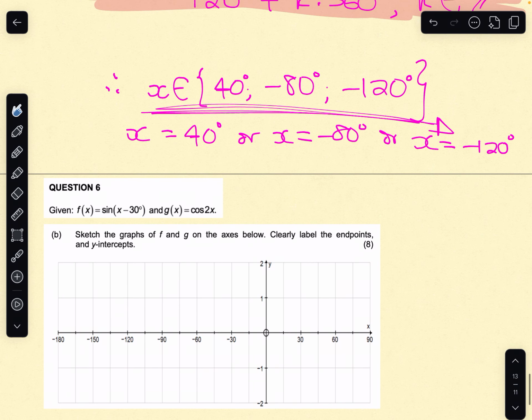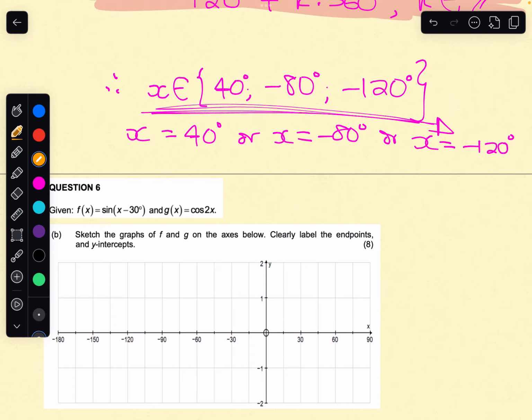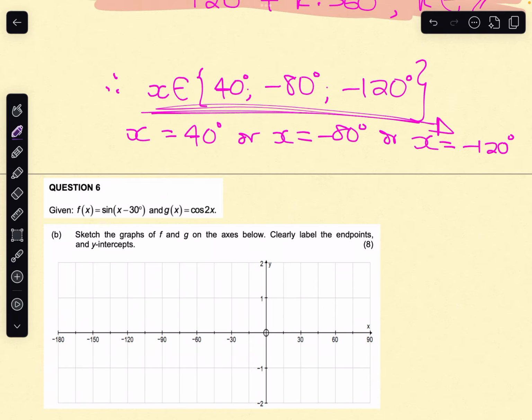Right, next up, we are asked to sketch the graphs of f and g on the axes below. Clearly label the endpoints and the y-intercepts. So, I'm going to start by drawing y is equal to sine x.